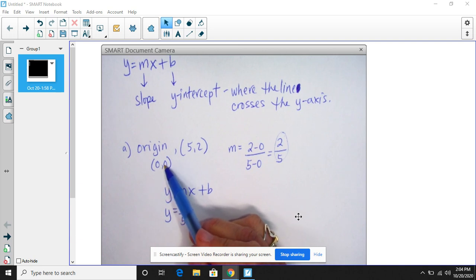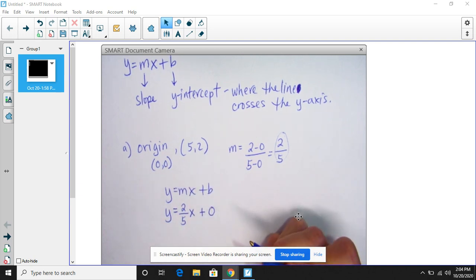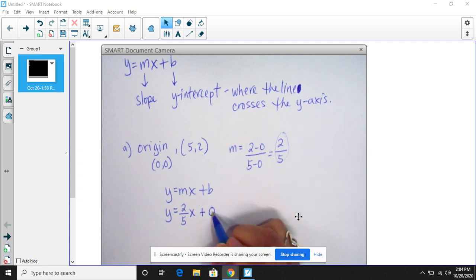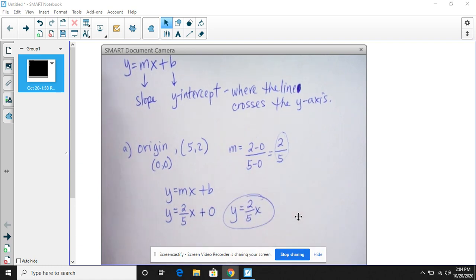It's at the intersection of the x and y axis, but it still goes through the y axis. So technically, you could think of it this way: y is equal to 2/5 x plus 0, but we wouldn't write it that way. We would just write y is equal to 2/5 x. So if you see an equation like this and it doesn't have anything where the b is, you know that this is a line that goes through the origin.